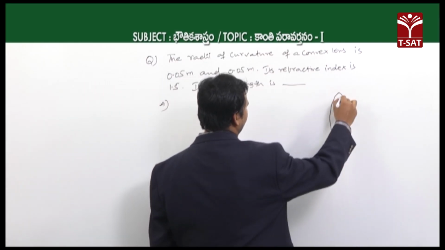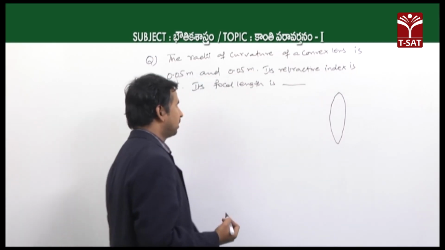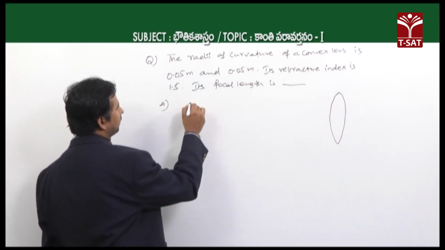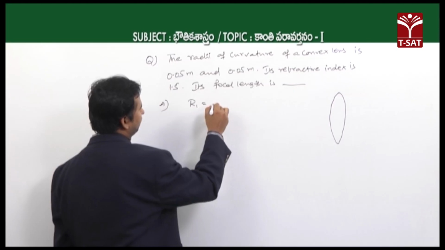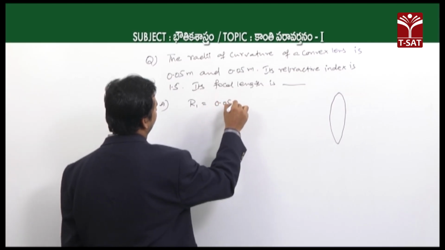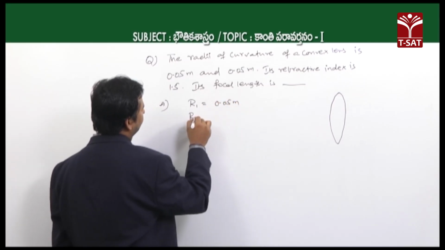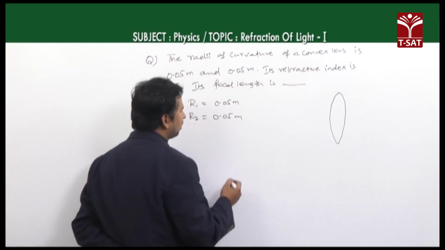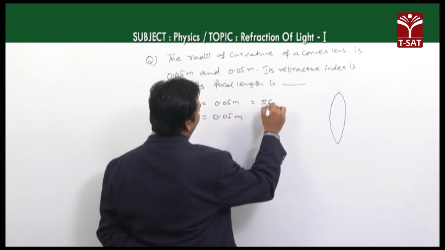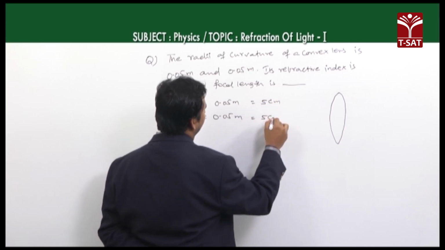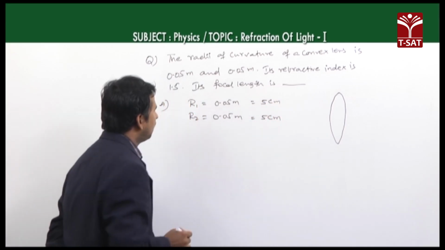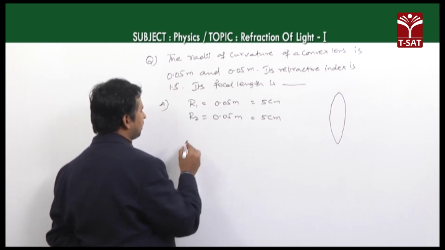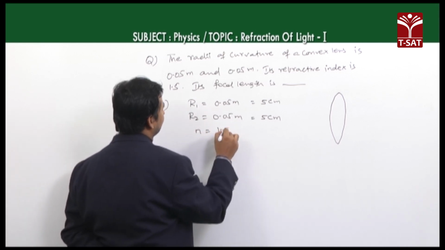In the case of this double convex lens, the radius of curvature of the first one is 0.05 meters and R2 is also 0.05 meters, or you can also write that as 5 centimeters, and its refractive index n is equal to 1.5.